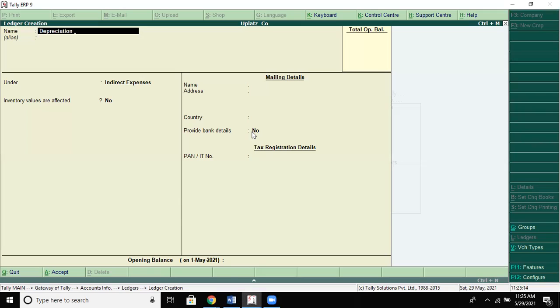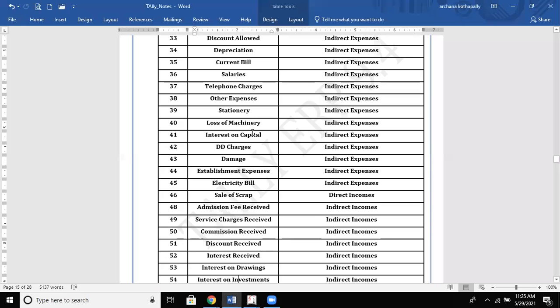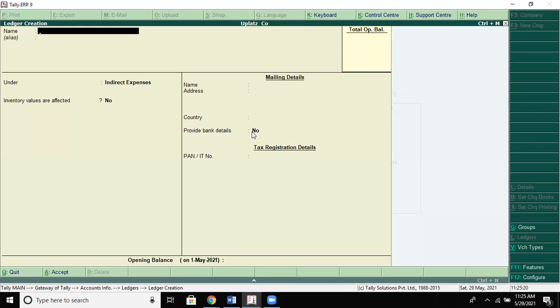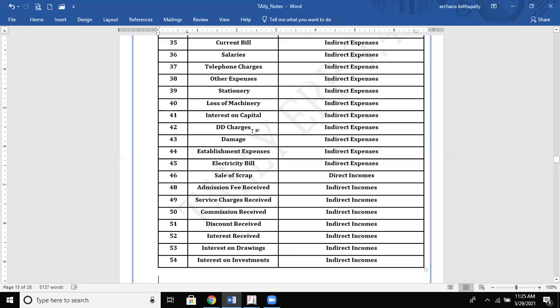So depreciation, anyways, it will come under indirect expenses. Power bill, or you can say electricity bill. Electricity bills. So it also comes under indirect expenses.